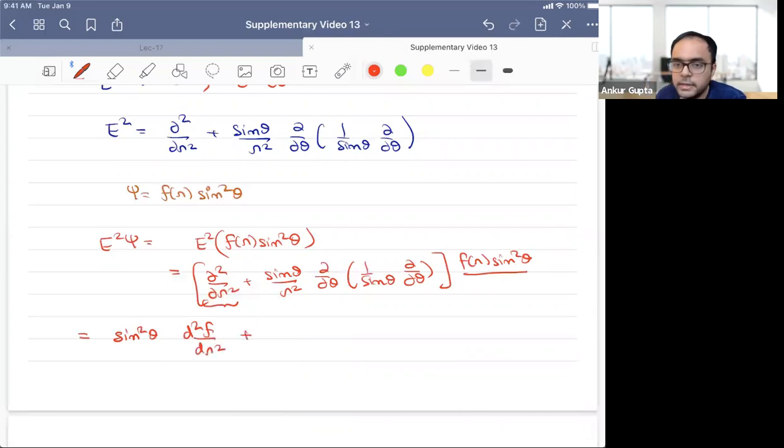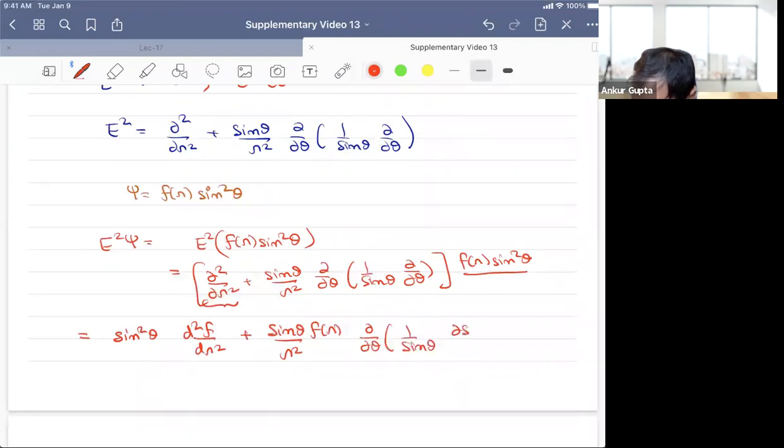For the second term, f(r) will come out, since f(r) is not a function of θ. So I can write this as sin θ / r² f(r) ∂/∂θ of 1/sin θ times ∂ sin² θ/∂θ.